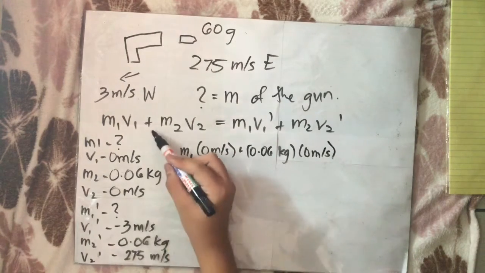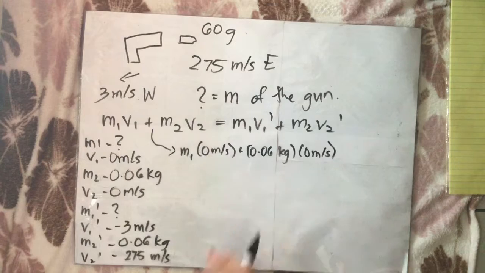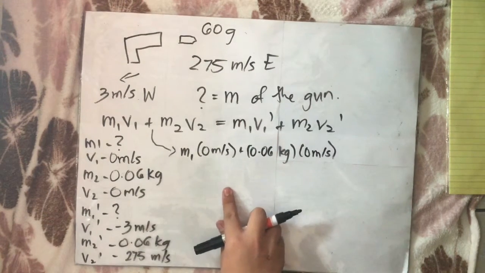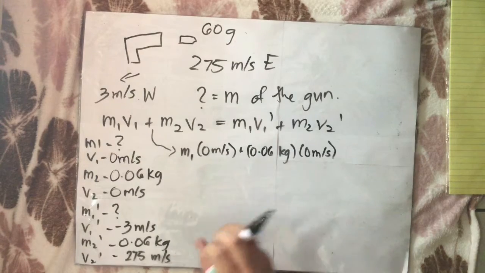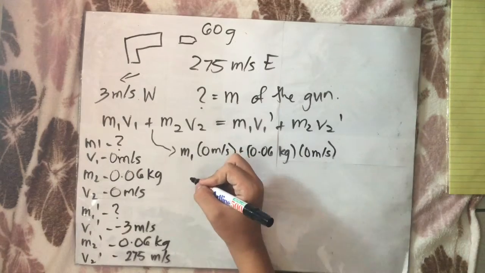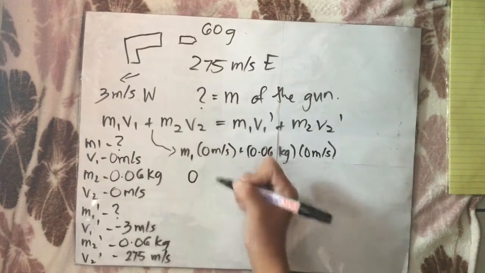Any value multiplied to 0 is 0. So the first expression, the answer is 0.